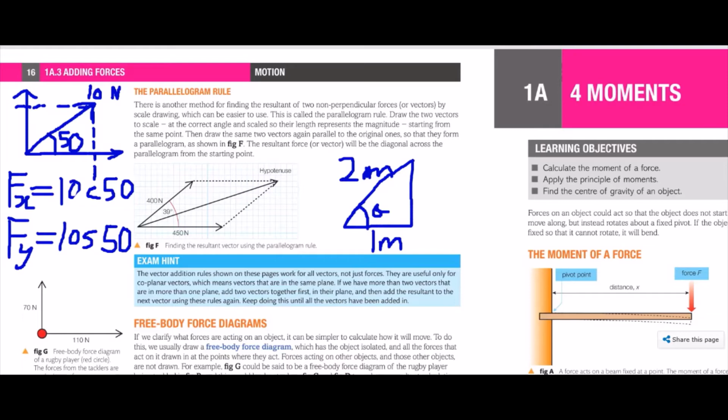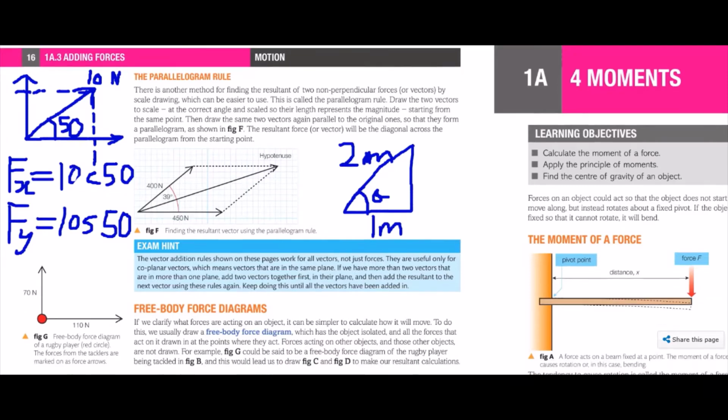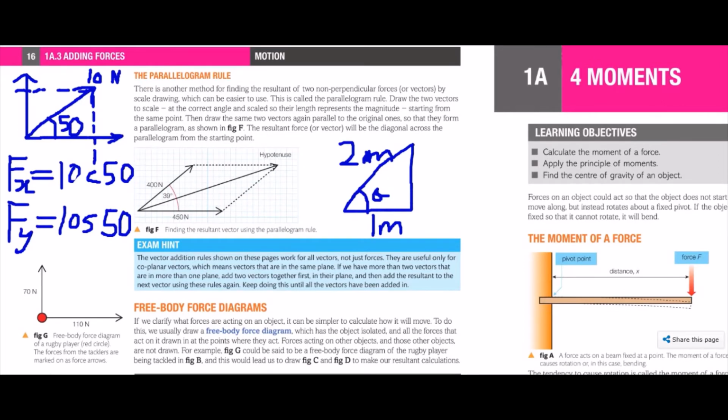If you follow the parallelogram rule, which is described here in the textbook, you can still add more than two forces. However, the technique will become more complicated because let's say, for example, you have four forces. You need to take any two forces and find the resultant, and then you use the resultant with the third force to find a second resultant, and then the second resultant with the fourth force will give you the overall resultant.